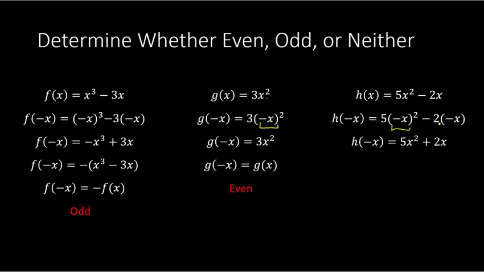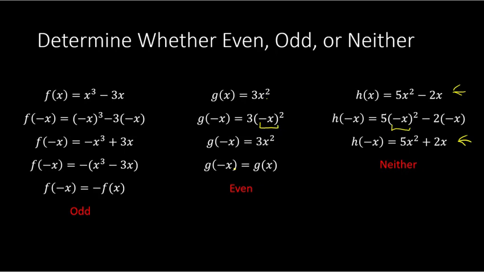And then negative 2 times negative x is positive 2x. So how does this relate to the original function? Well, it's not the same, so it can't be even. And it's not the opposite signs, because to be opposite signs, we need a negative 5x and a positive 2x. So it's neither even nor odd because of that.